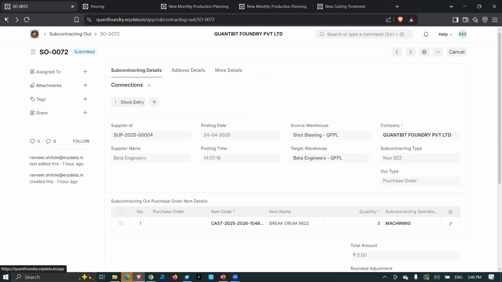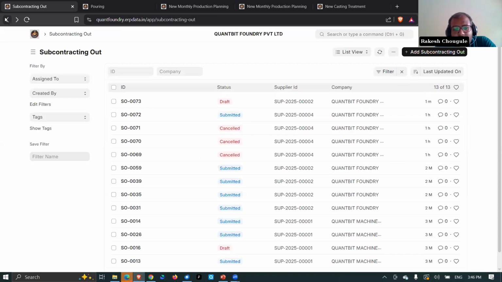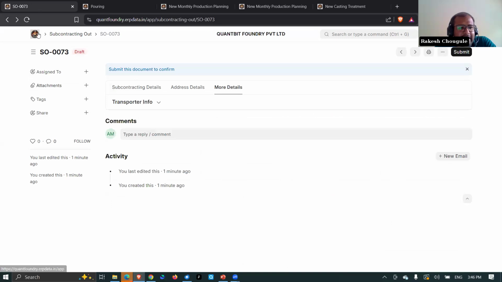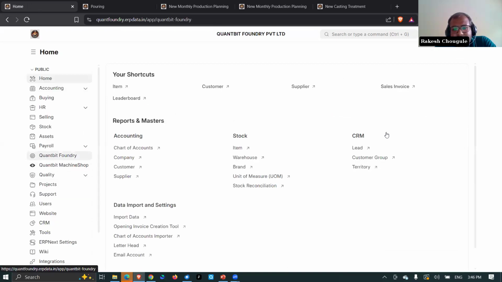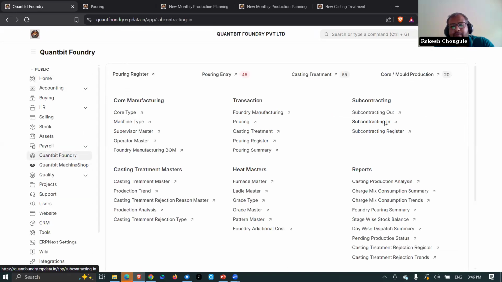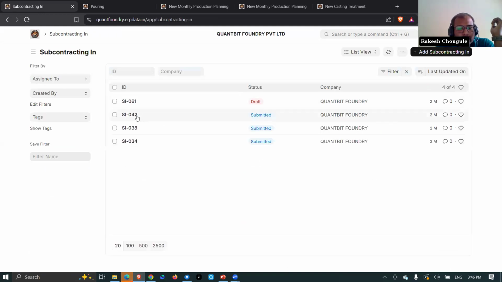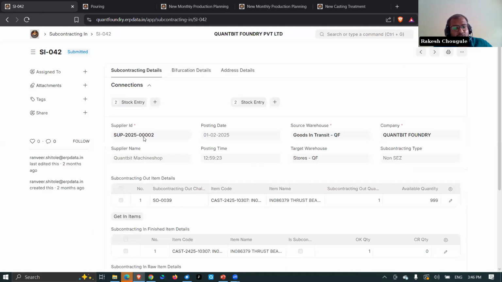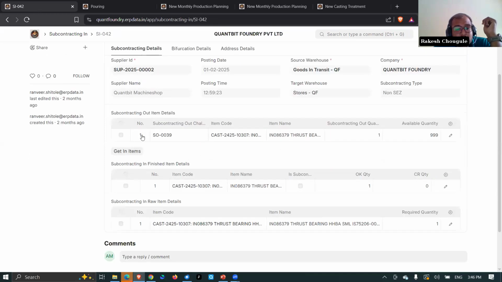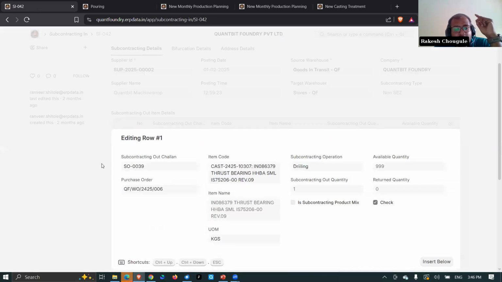After subcontracting out, a subcontracting in entry is required. Here you can see subcontracting in. In subcontracting in, I have added the supplier, the posting date, and again the source warehouse and target warehouse. Then I have to match the in quantity with respect to each out challan for GST compliance.